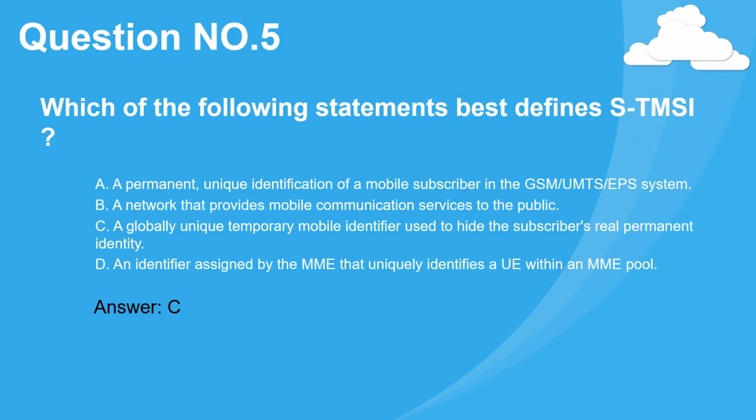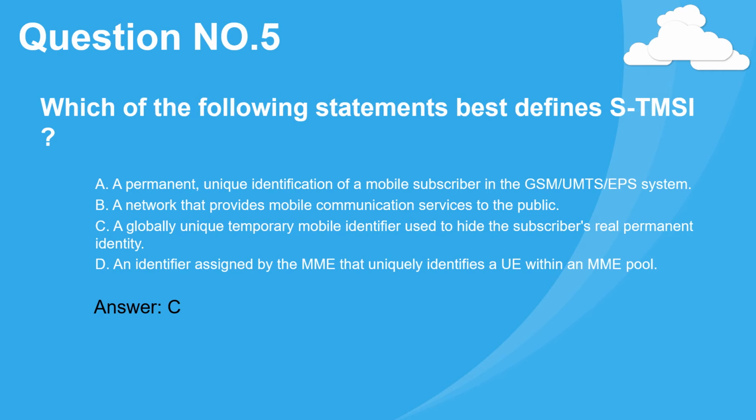Question number 5. Which of the following statements best defines S-TMSI? A. A permanent, unique identification of a mobile subscriber in the GSM, UMTS, EPS system. B. A network that provides mobile communication services to the public.